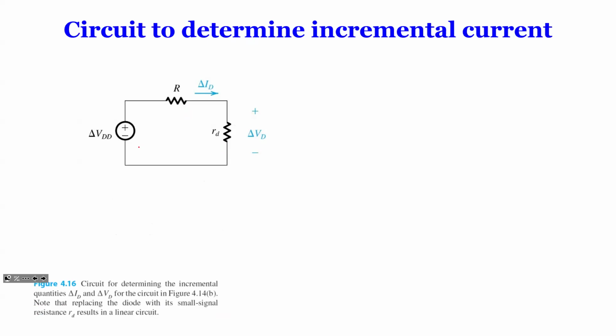So where did we get this circuit? Remember from the previous discussion we had ID equal to IS e to the VD over VT. This is the actual DC. But for AC, we had delta ID equal to delta VD over RD.